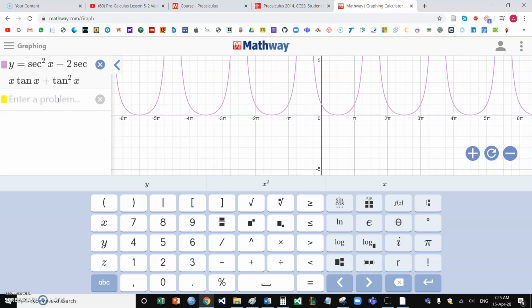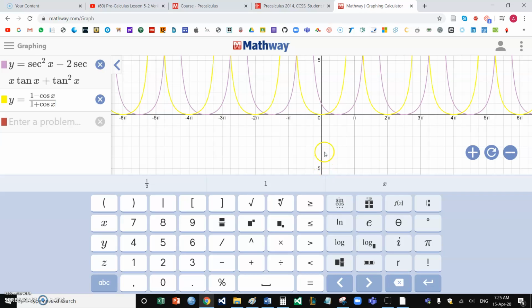That's the left side, and the right side, y equals 1 minus cosine x over 1 plus cosine x.